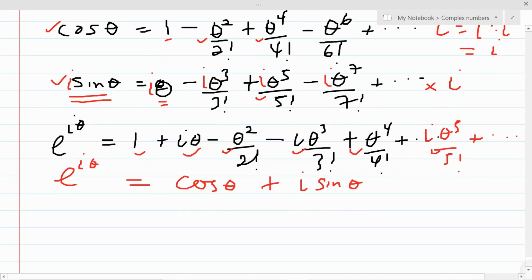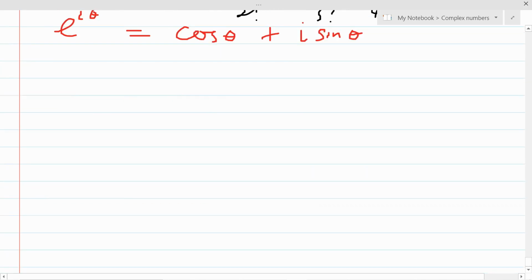So this actually means that e to the power i theta is actually equal to cos of theta plus i sine theta.